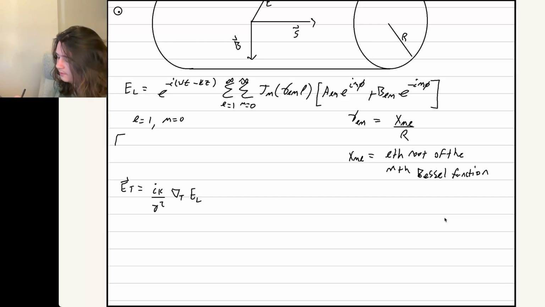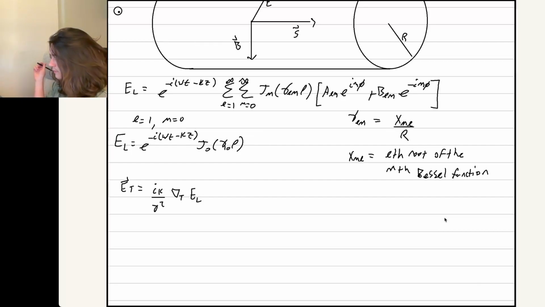So I'm going to quickly rewrite the longitudinal field with that in mind. You'll have e to the minus i omega t minus kz, you'll have the 0th Bessel function as a function of gamma 1,0 and rho, and then some constant a. It's not phi dependent because m is set equal to 0, so that's really all you need, just some constant a thrown on there.